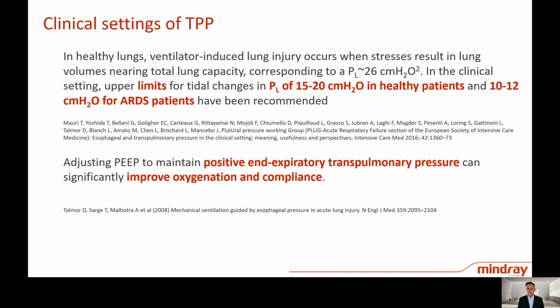The delta pressure, the difference between end expiratory and inspiratory transpulmonary pressure, is also called the transpulmonary driving pressure. Earlier, I explained that adjusting PEEP to maintain positive end expiratory transpulmonary pressure can significantly improve oxygenation and compliance.